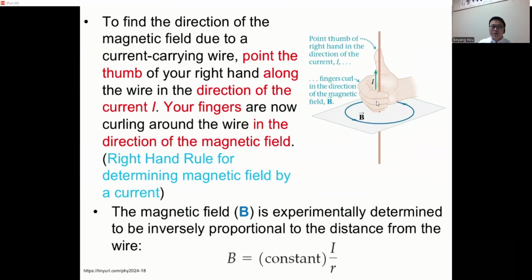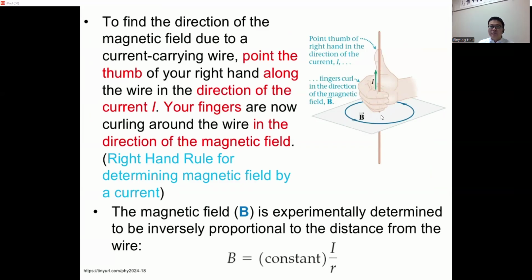To determine the direction of the magnetic field, there will be another right hand rule that we'll talk about later, used to determine the direction of magnetic force. For the magnetic field produced by a current carrying wire, you can imagine that if you have a larger current, the magnetic field will be larger, so it's proportional to the current. It's inversely proportional to the distance you are away from the wire.